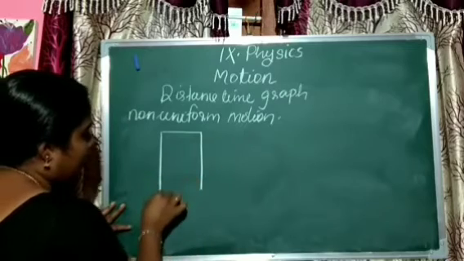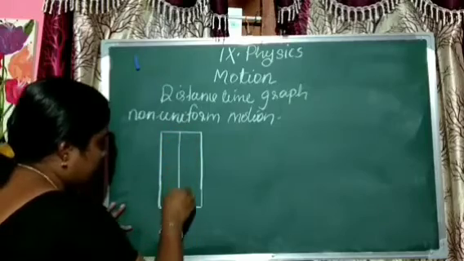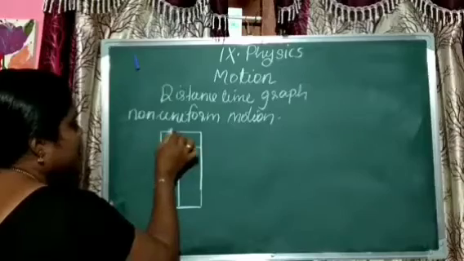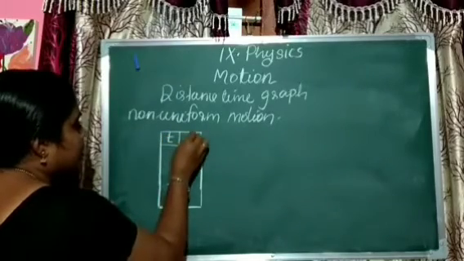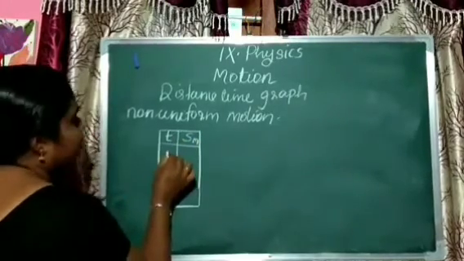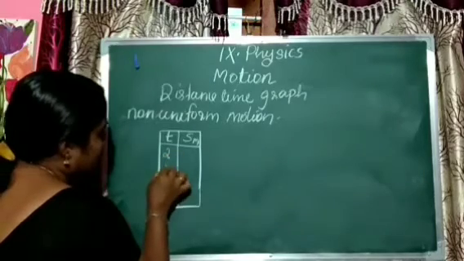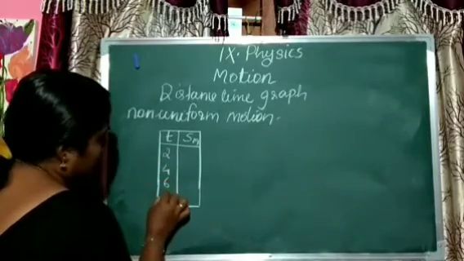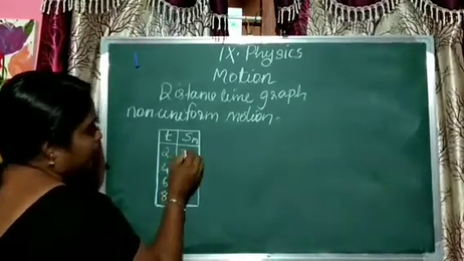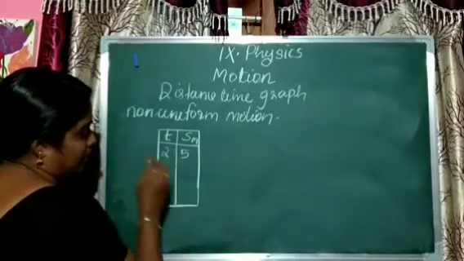Here is one data set. By using this we can plot a graph and understand what type of graph we can obtain. So this is the time interval and this is the distance in meters, S and T. The time is 2 seconds, then 4 seconds, 6 seconds and 8 seconds. After 2 seconds the object travels 5 meters.